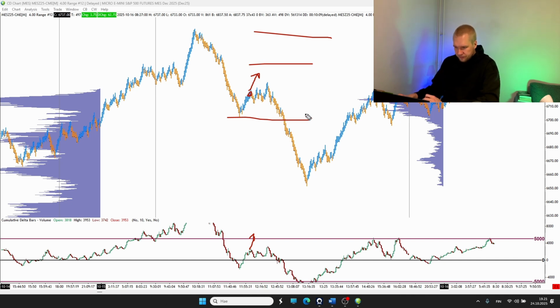So right here, you can actually see that in this instance, the cumulative delta comes back to 0. And honestly, this is probably where I would want to exit early. So somewhere over here, I would be thinking that, okay, price obviously doesn't want to go up. We can see it in the cumulative delta.